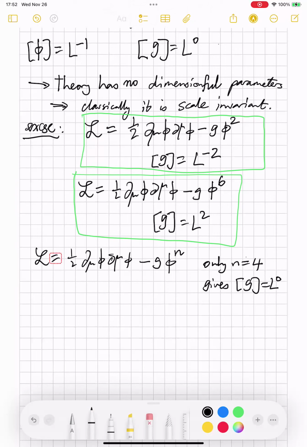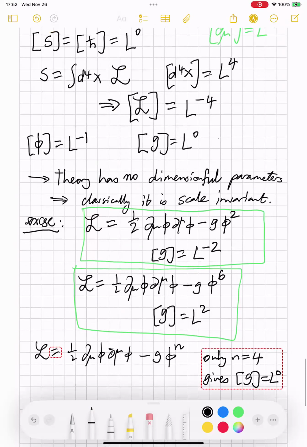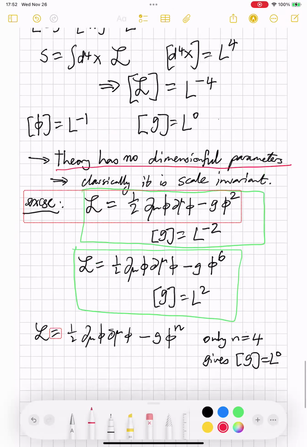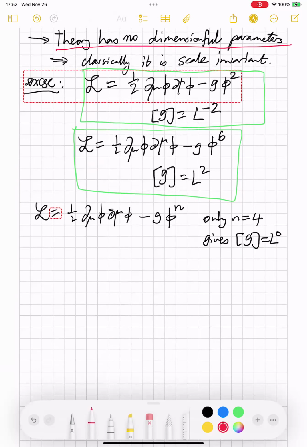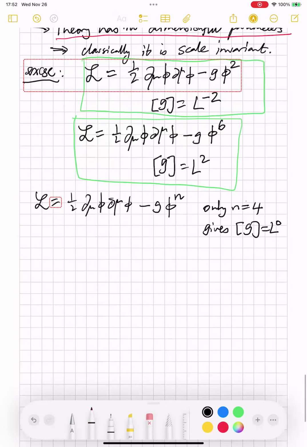So if you apply the condition to be scale invariant at the classical level, the theory must have no dimensionful parameters. You find that of this infinite number of interactions that you could choose, the only interaction that works is when n is equal to 4. So this should give you a feeling that at the classical level, it's really not very easy to get a scale invariant theory. And of course, at the quantum level, things get even harder.